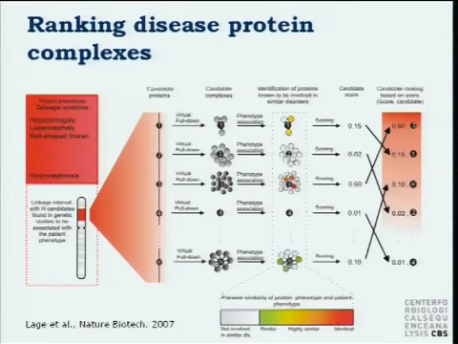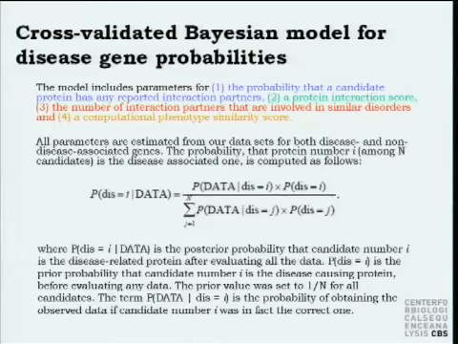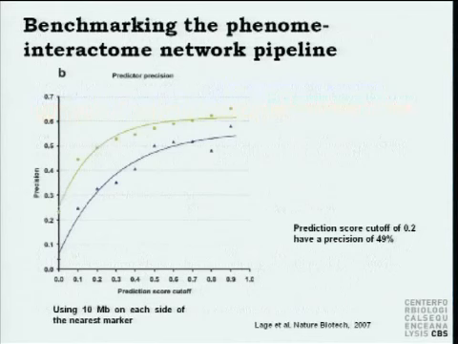But you can see in this case, among all these candidates, candidate number 3 was the most red because it interacts with proteins that have been related to diseases that word-wise in their clinical descriptions are similar. So there's a Bayesian approach behind all that I will not go into. We estimate all the parameters.